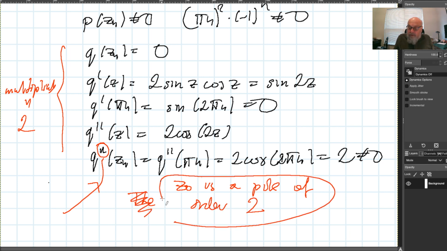So this is a pole of order, sorry, not z0, zn. Zn for n equals plus minus 1, plus minus 2. Zn is equal to pi n. Good.